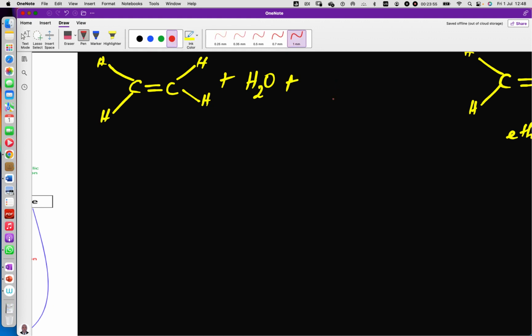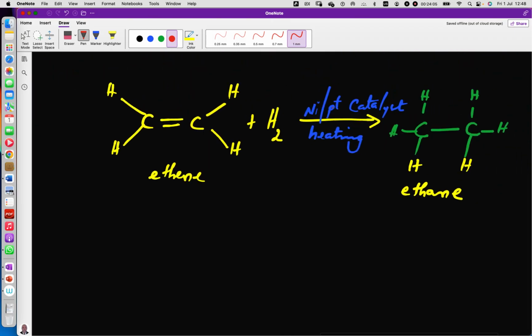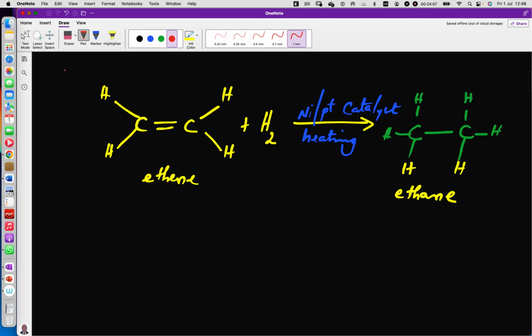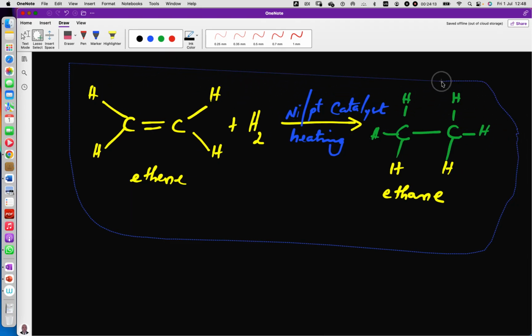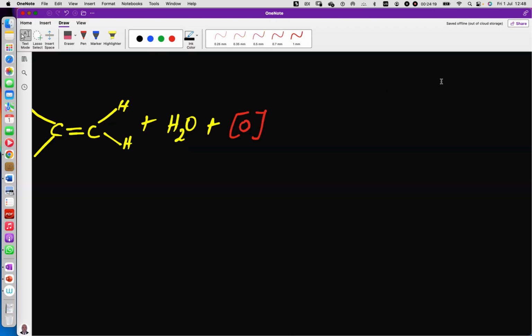Remember that potassium manganate 7 is an oxidizing agent, and the role of an oxidizing agent is the provision of oxygen that is added. So this oxidation that is taking place, we are adding oxygen to it. This is the oxygen that we are adding.